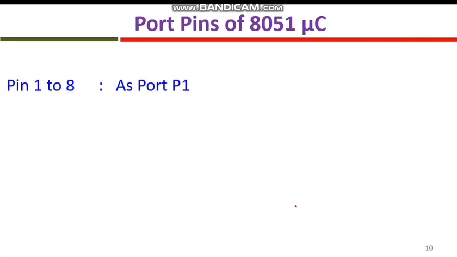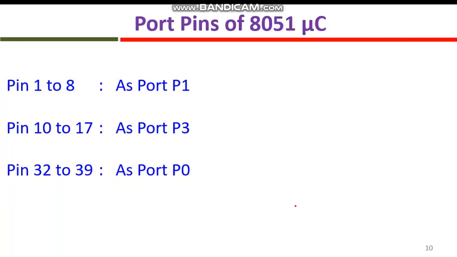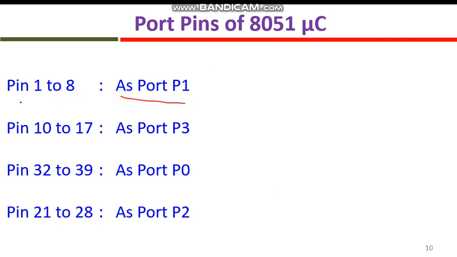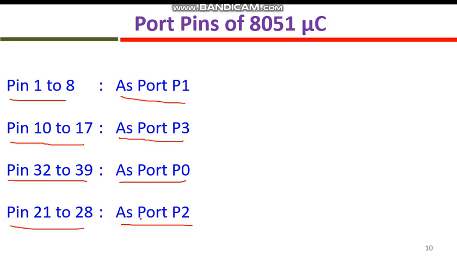Then for ports we have total 32 pins. For port 1, 8 pins are used, 1 to 8. For port 3, again 8 pins are used, from 10 to 17. For port 0, pins 32 to 39 are used, and for port 2, pins 21 to 28 are used.